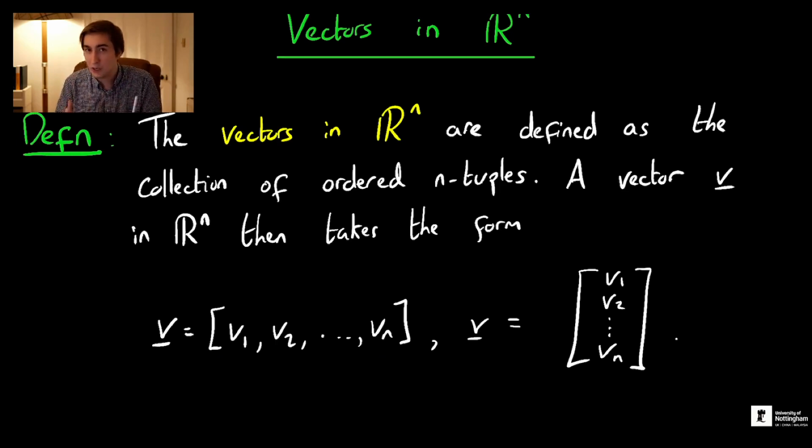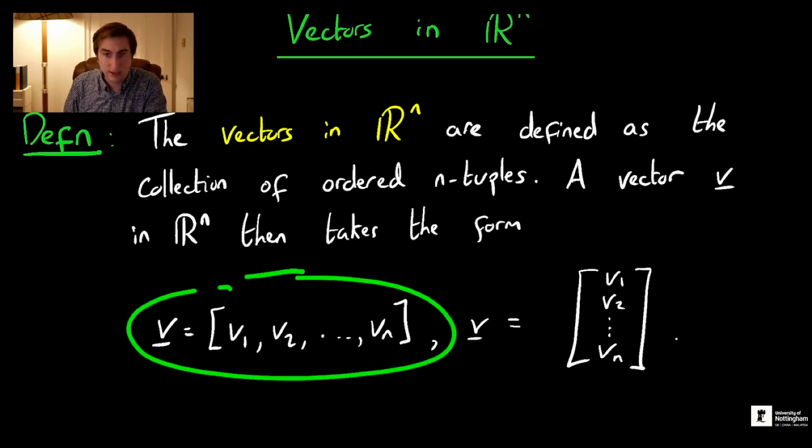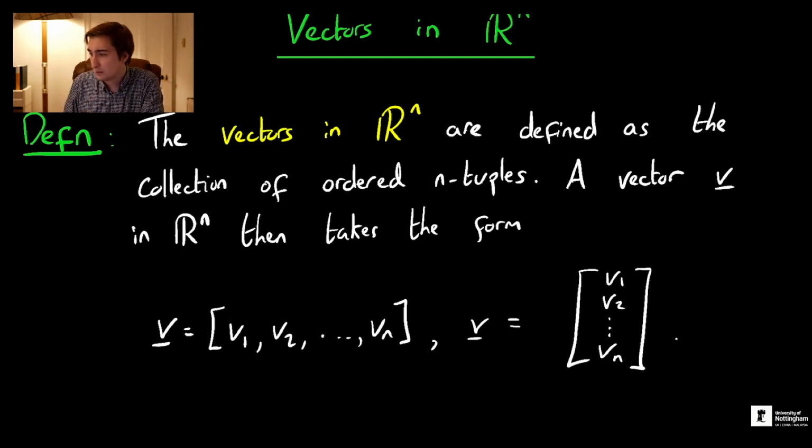So I can't really picture this as an arrow somehow. I could equally define it as some sort of directed line segment in some higher dimensional space, but thinking in higher dimensions is rather tricky, so we won't do that too much. It's better to think of it in terms of these arrays and the algebraic properties of those arrays.